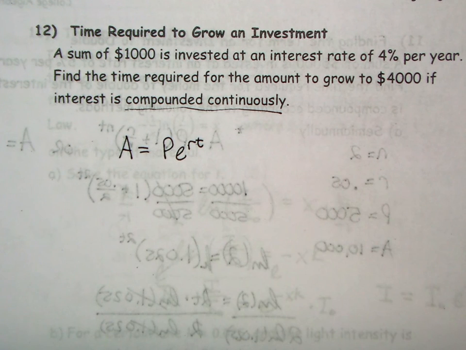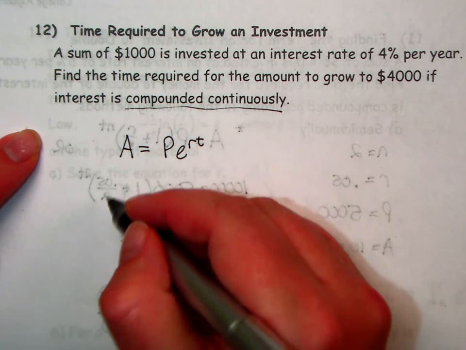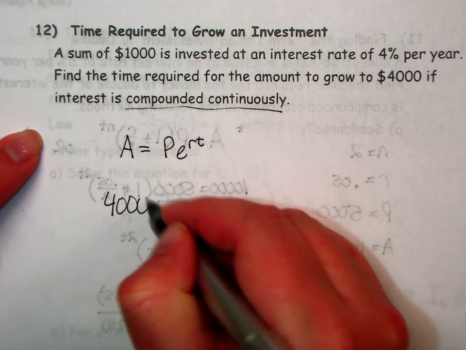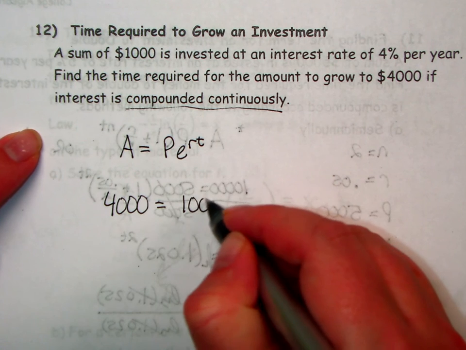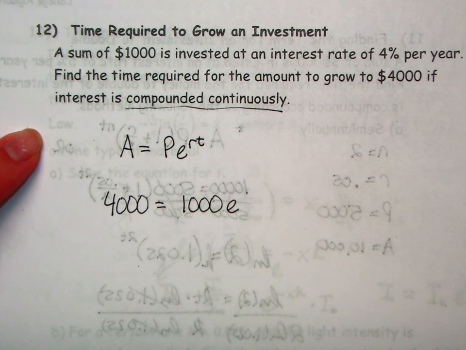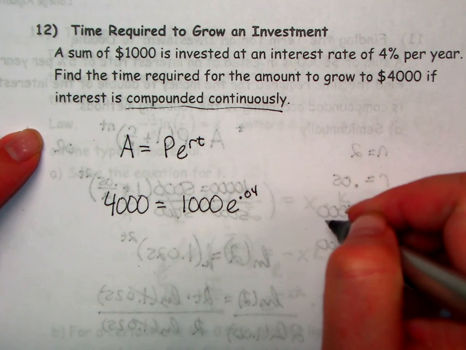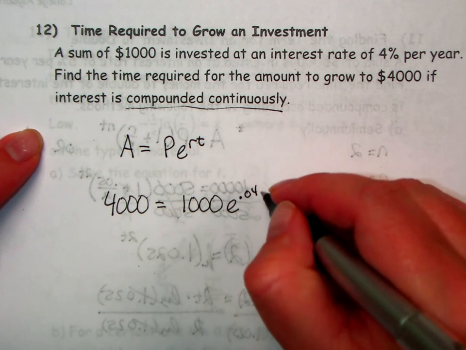Okay, A equals P e raised to the rt. So the amount, we want to grow 1,000 to 4,000. So the amount is 4,000 after interest. 1,000 is our principal. The interest rate, 4% written as a decimal, 0.04. And then the time, the t value, that's what we're looking for.